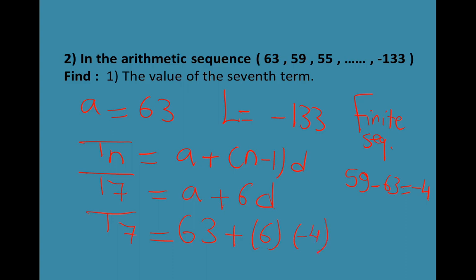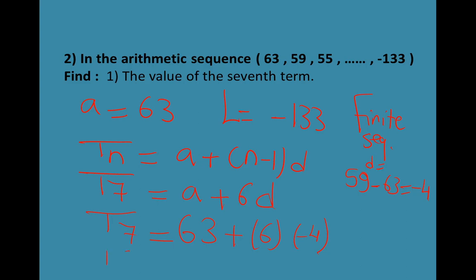I'll find the difference by subtracting Tn from Tn plus 1. I'll choose any consecutive terms and subtract the older one from the new one. Then the difference equals negative 4. 59 minus 63 equals negative 4. Since the difference is a negative number, this sequence is a decreasing sequence.